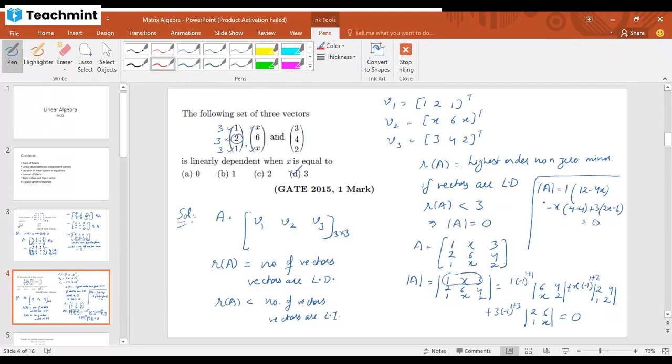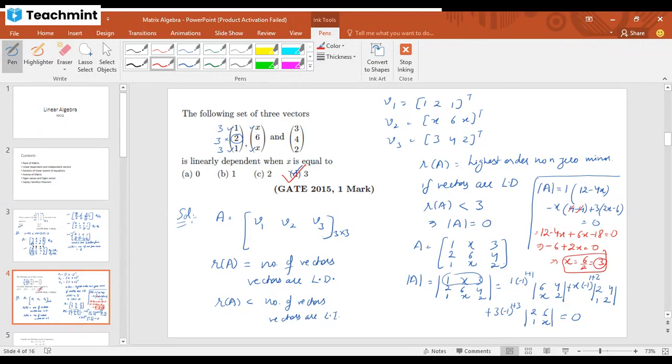Here you can see 4 minus 4 is 0. So it is 12 minus 4x plus 6x minus 18 equal to 0. 12 minus 18 is minus 6, and minus 4x plus 6x is 2x, so 2x minus 6 equals 0. From here the value of x comes out to be 6 by 2, that is 3. So the value of x comes out to be 3 only.